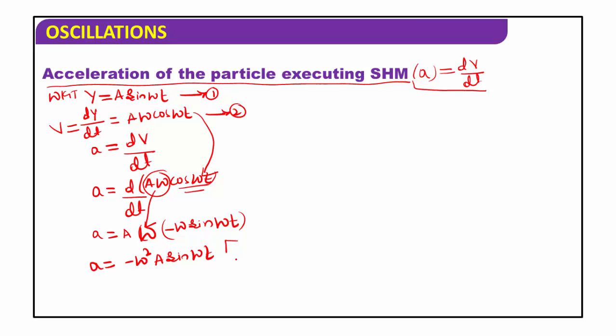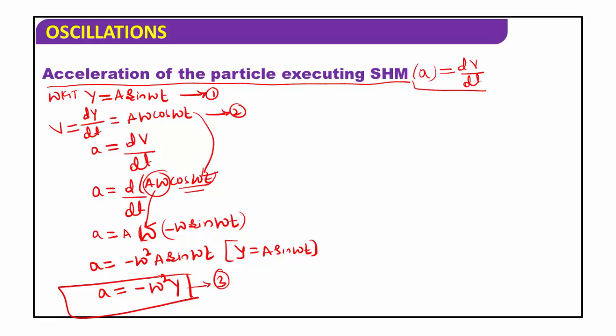But we know y is equal to a sin omega t. Therefore, the acceleration of the particle performing simple harmonic motion is a is equal to minus omega square into y.